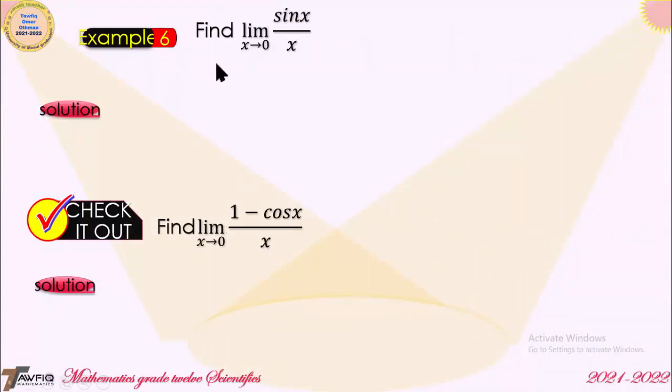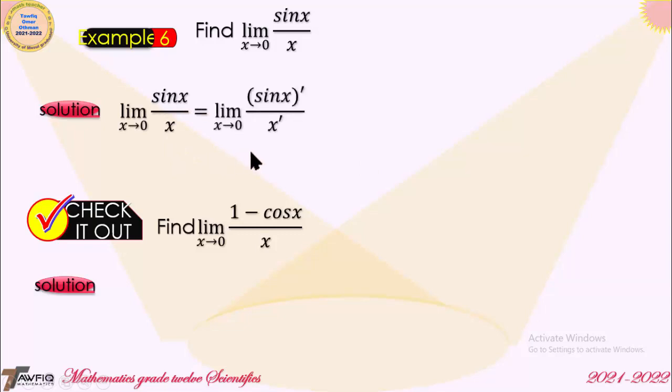Example number 6. Find the limit as x approaches 0 of sine x over x. Taking the derivative of the numerator and denominator, the derivative of sine is cosine and the derivative of x is 1. Then replace 0, it becomes cosine 0, and cosine 0 is 1.